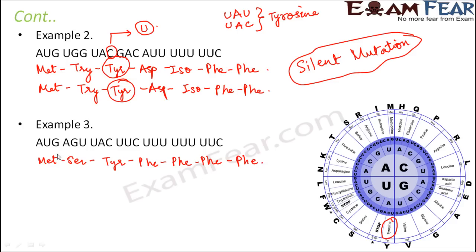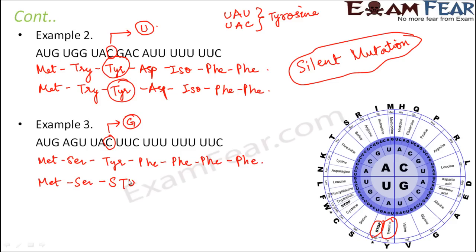Now let us suppose the change we bring about is in this UAC, where instead of C, this C is replaced with G. If we replace the C with G, the initial part will remain the same. But what is UAG? UAG is a stop codon.